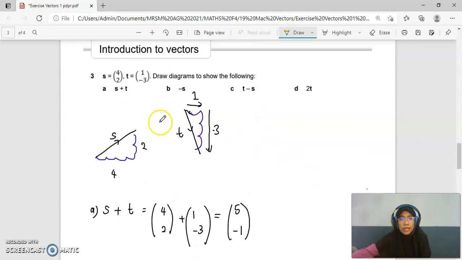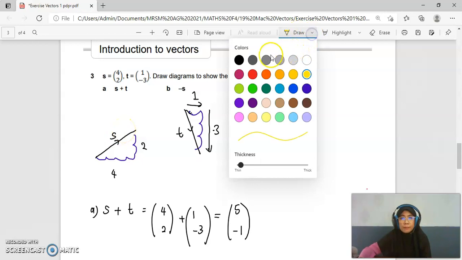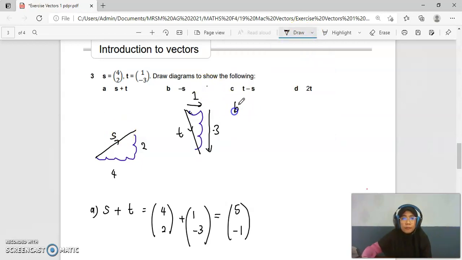So for part b, negative s, you put a negative for 4, 2, and it will be negative 4, negative 2. Once you put a negative, every positive part will be negative and every negative part will be positive. Since 4 and 2 are already positive, when you put a negative, both will be negative.